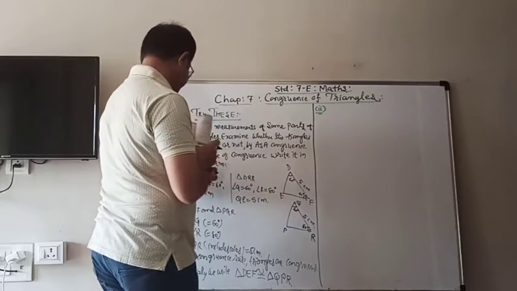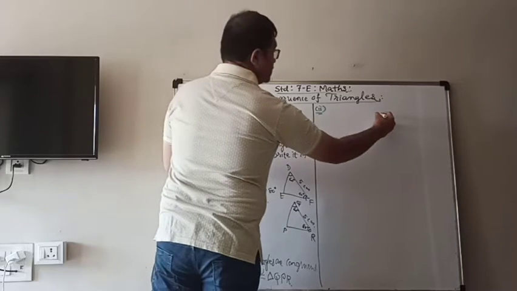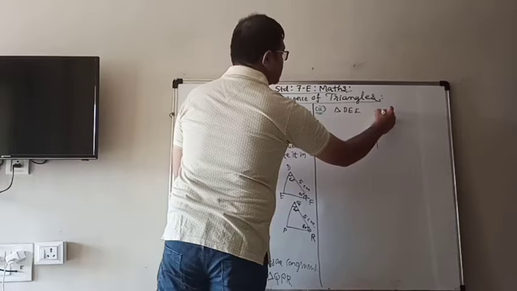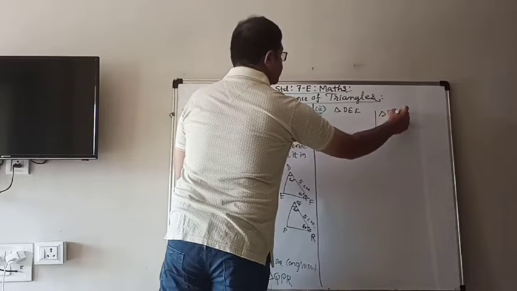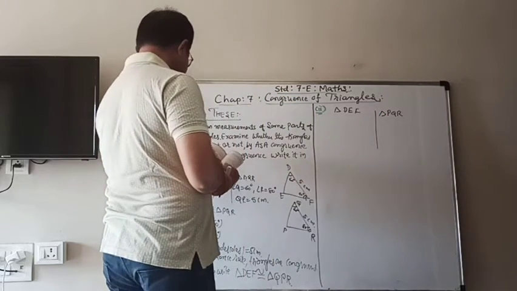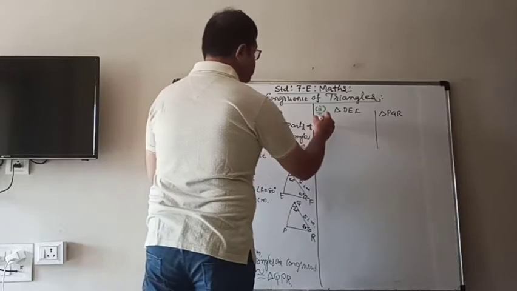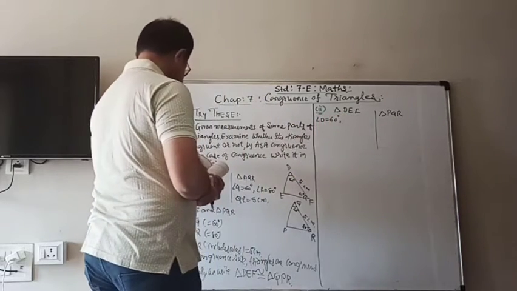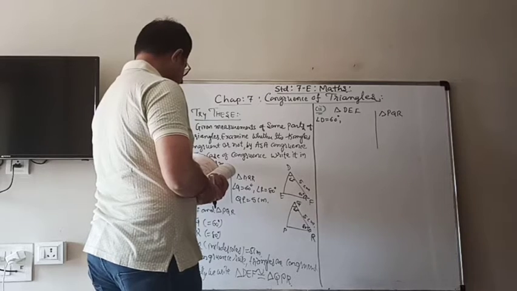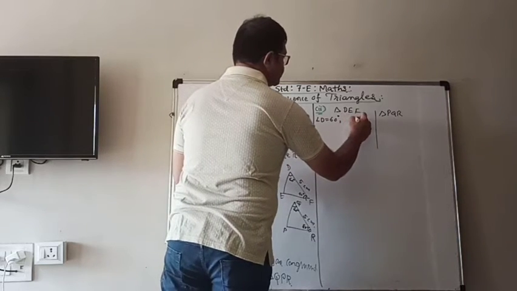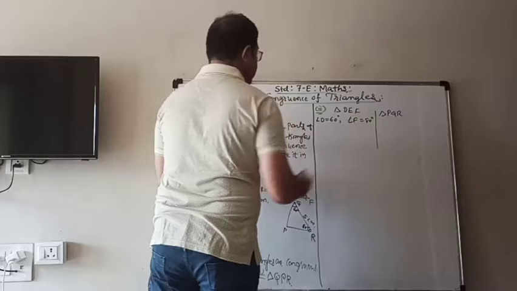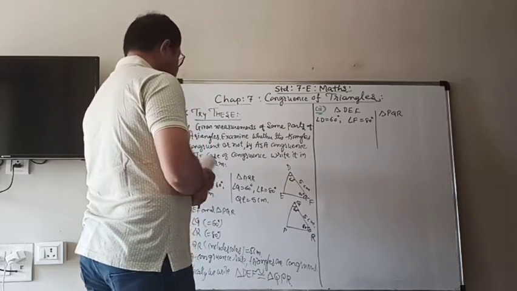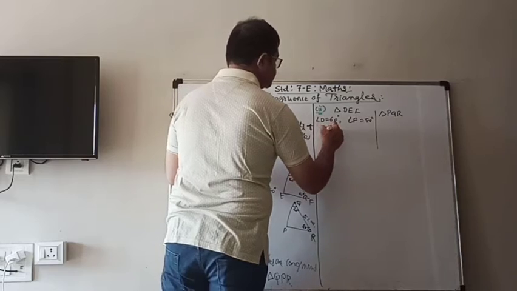In the second, triangle DEF and triangle PQR. What is given in triangle DEF? Angle D is 60. Also angle F is 80 degree. And DF equals 6 centimeter.